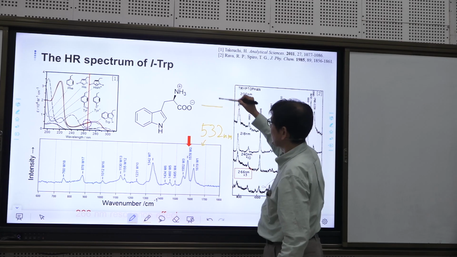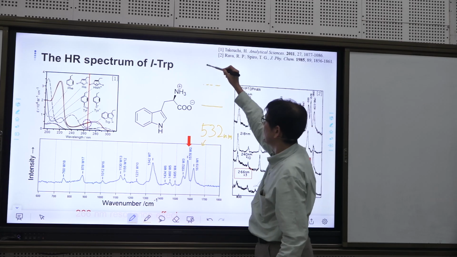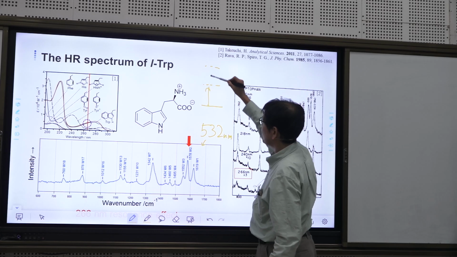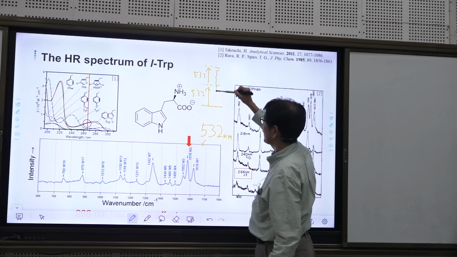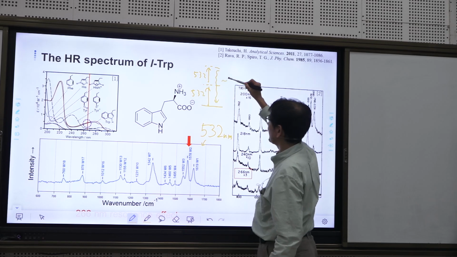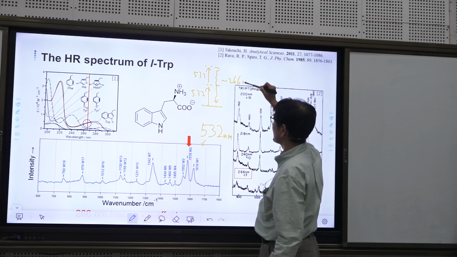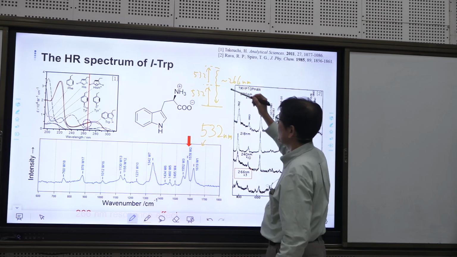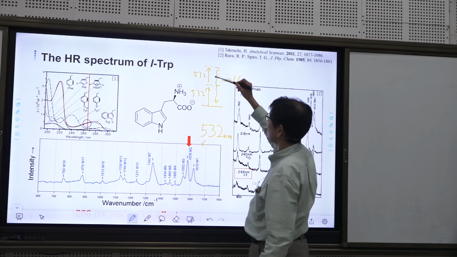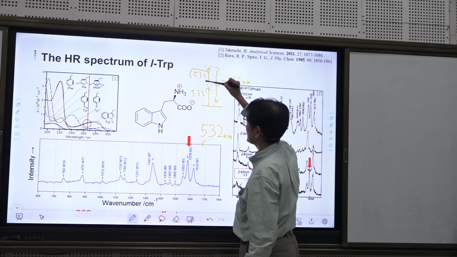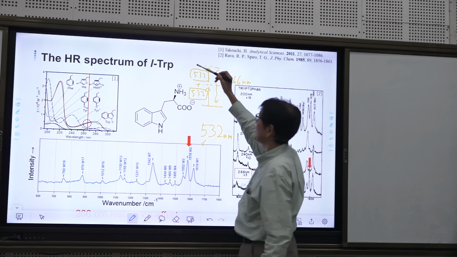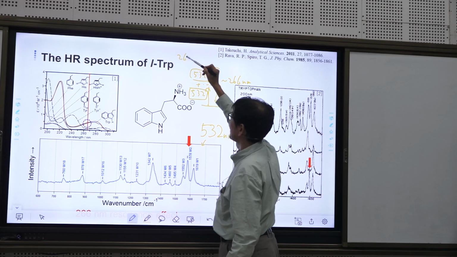Considering the hyper-Raman process, the signal should be nearly 266 nanometer. In other words, the excitation energy is 2 photons of 532, so it's equivalent to 266 nanometer.